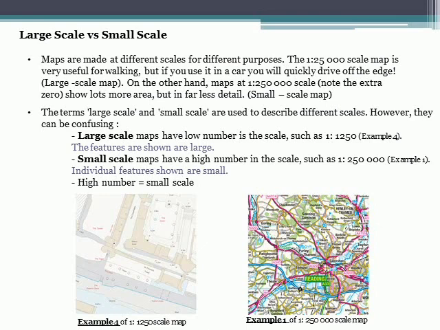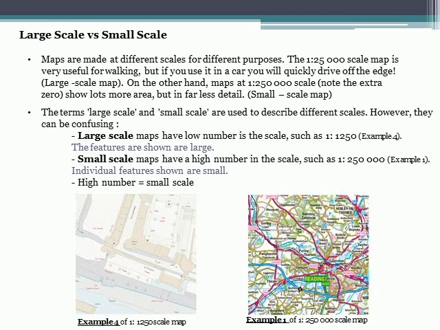The terms large scale and small scale are used to describe different scales. However, they can be confusing. Large scale maps, if you look at the bottom example to your left, have a low number in the scale, such as 1 to 1,250.